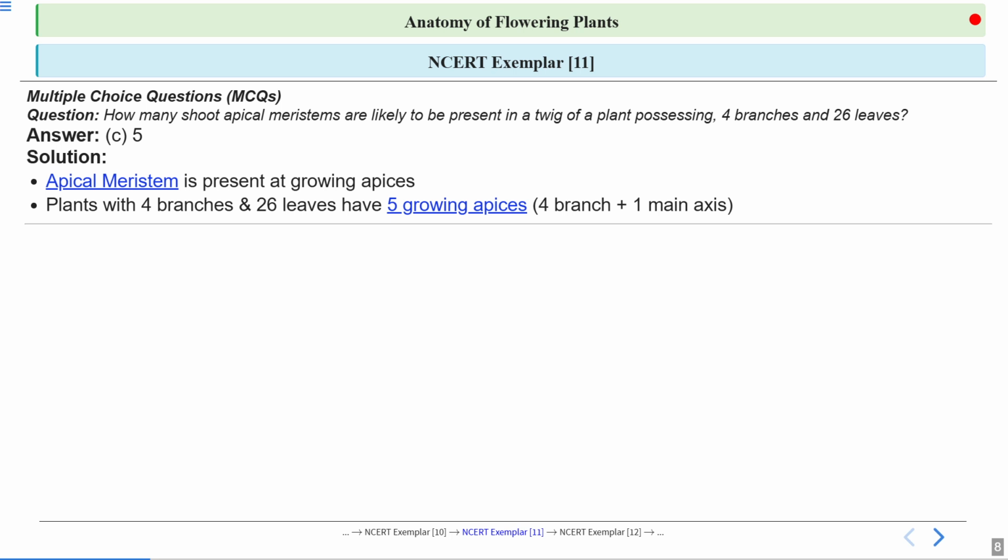The 4 branch apices have cells that are continuously in a division phase. And you all know that apical meristems are present at the apices. So 5 growing apices are there, 4 at the apex of the branches and 1 at the main axis. So the correct answer here is 5. Total 5 apices are there.